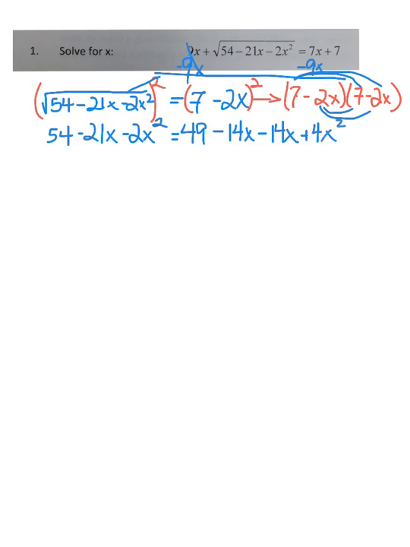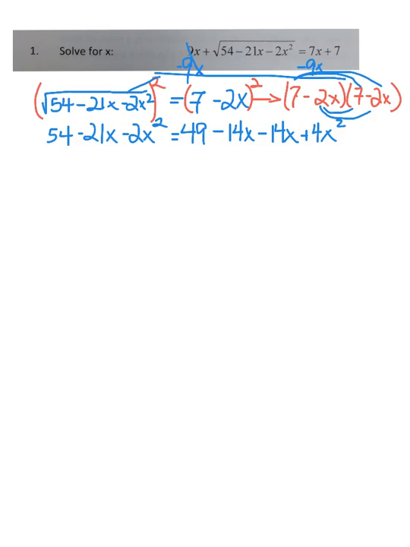Now let's take a look at what we've got here, because we want to try to solve for x. My highest power on the left side is an x squared, and my highest power on the right side is an x squared. But this one's bigger, because that's a 4x squared, and this is a negative 2x squared.